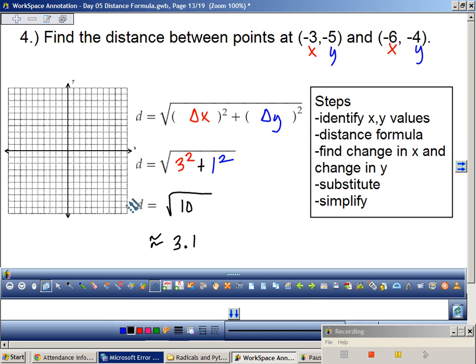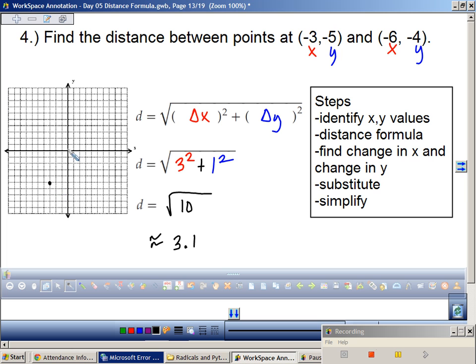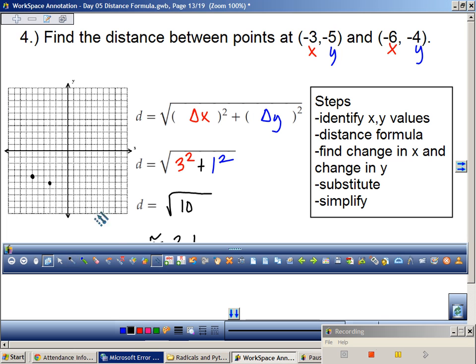Yeah, it's exactly what the homework looks like. Let me do it out with this one. It's easier to see. Okay, so -3, -5. 1, 2, 3, 4, 5, 6. How would I find the distance between this and this?